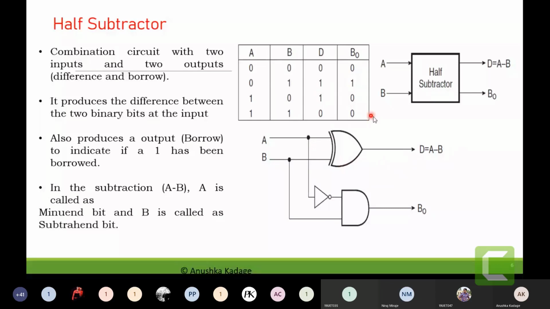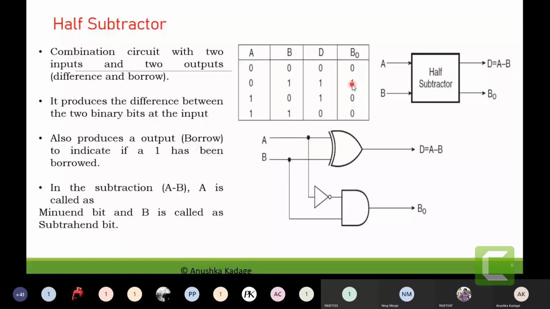So it is the XOR gate specification. While for the B out to be defined, we will get the term with the value A bar, and this value is B. So borrow will be defined as A bar B, which we can see from this one value indication, also from the truth table.